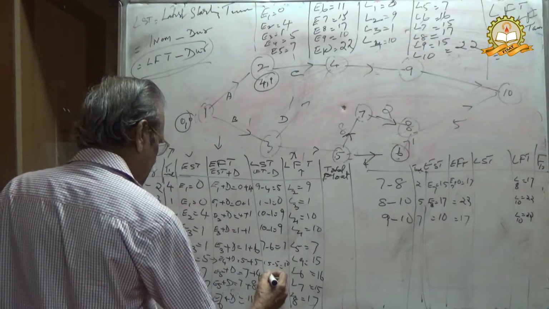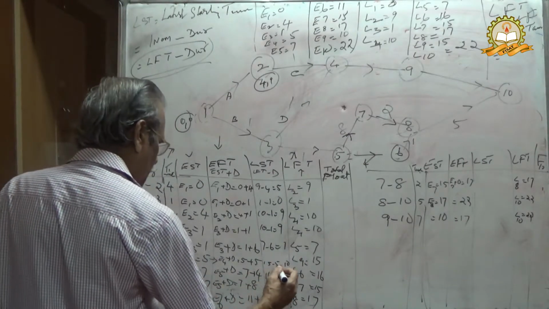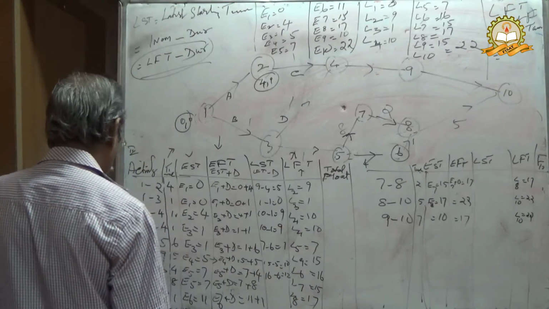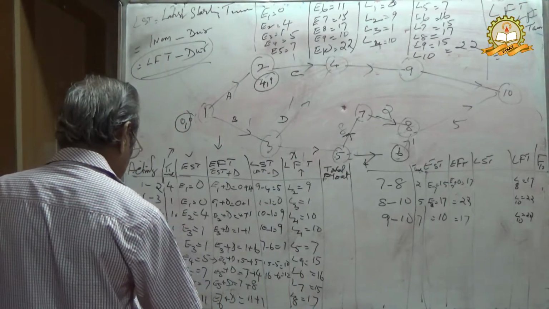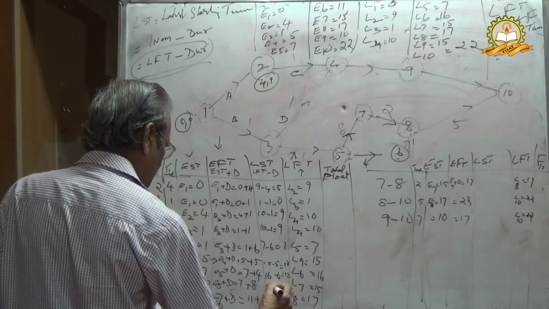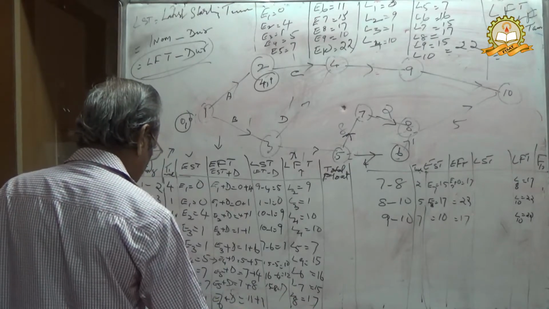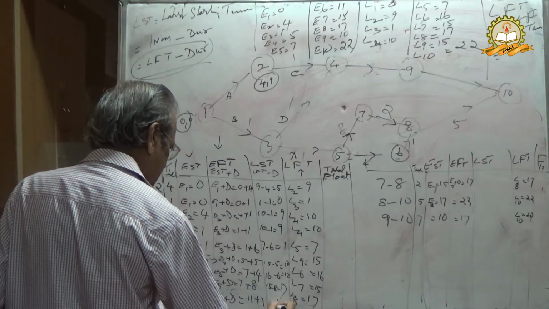Then 16 minus 4, 12. Then 15 minus 8, 7. Then 17 minus 1, 16.